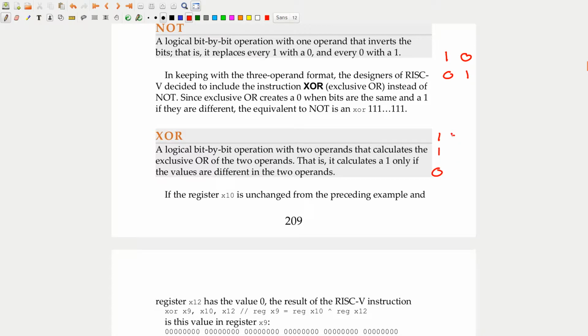If we have 1, 0, it is exclusive, so it's 1. And if we have 0, 0, there's no 1s here to begin with, so it's 0. And the reverse is true for this one. So 1, 0 or 0, 1 both give you 1.